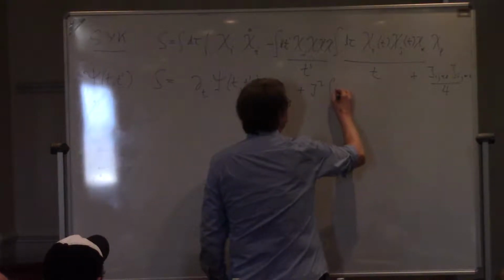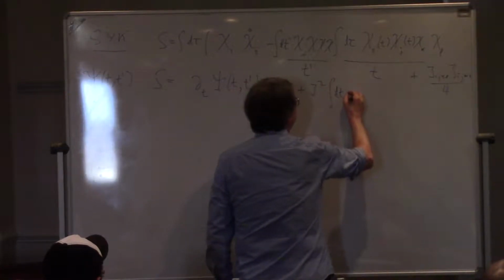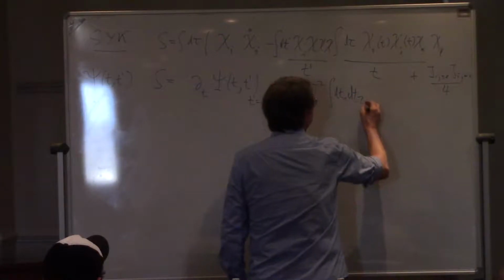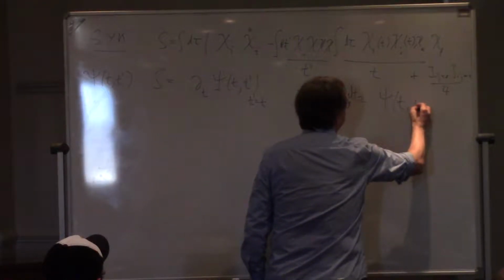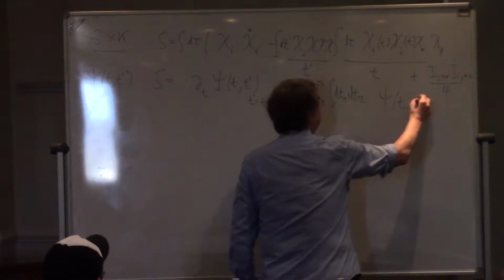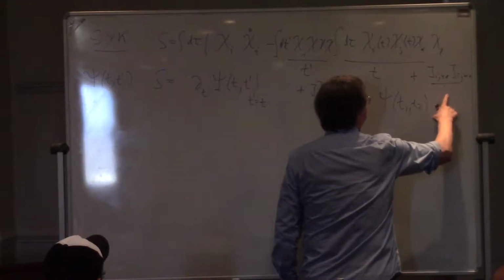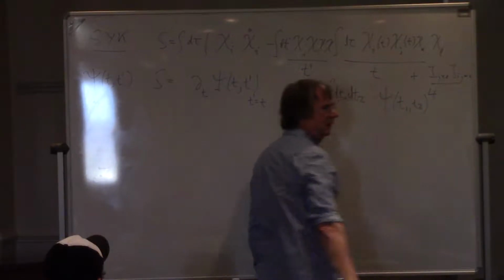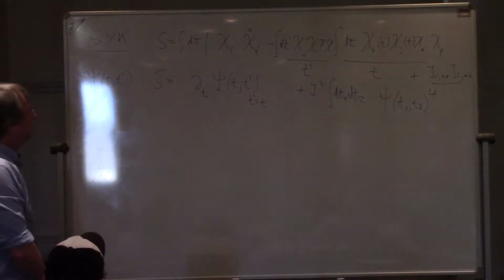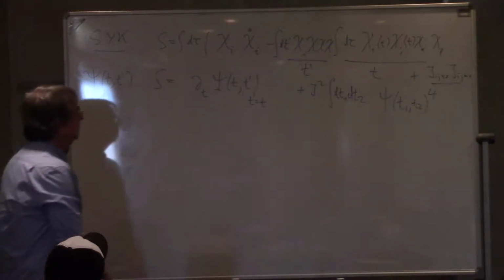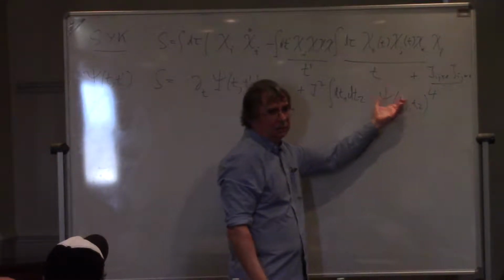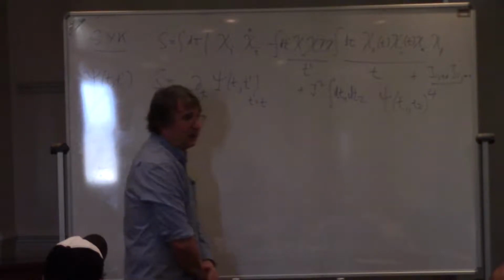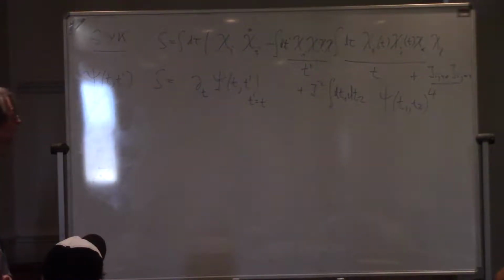This integral over t, let me write t1 and t2 instead of t and t prime. It is this object, the bilocal, psi of t1, t2, to the power 4. So in fact, this looks like a 2-dimensional psi to the power 4, nothing major.